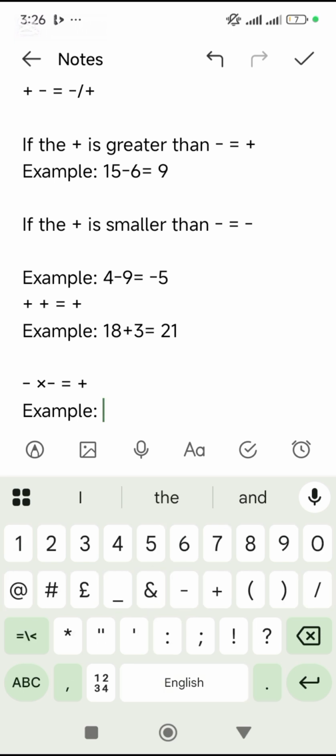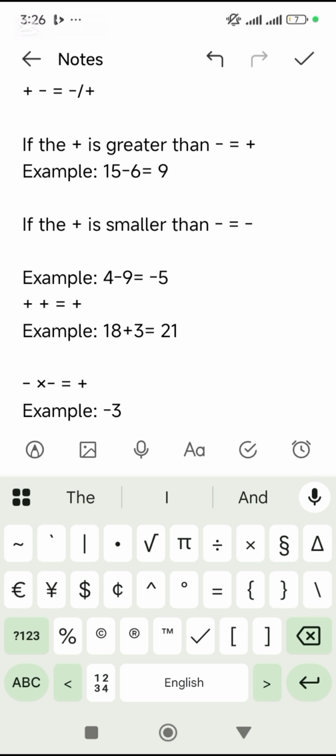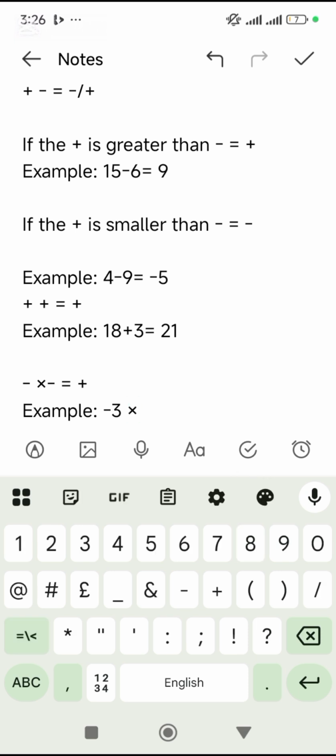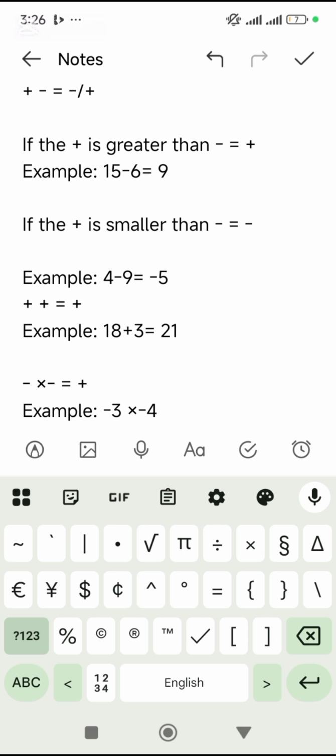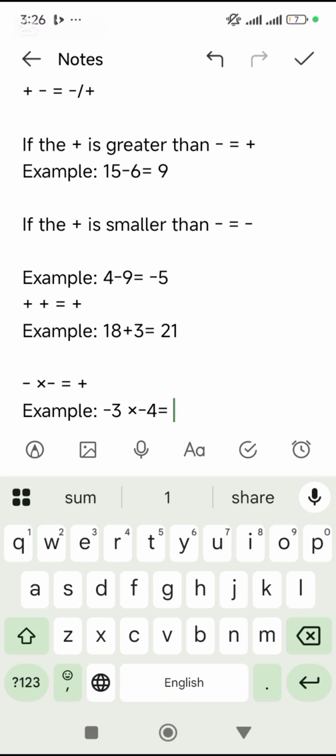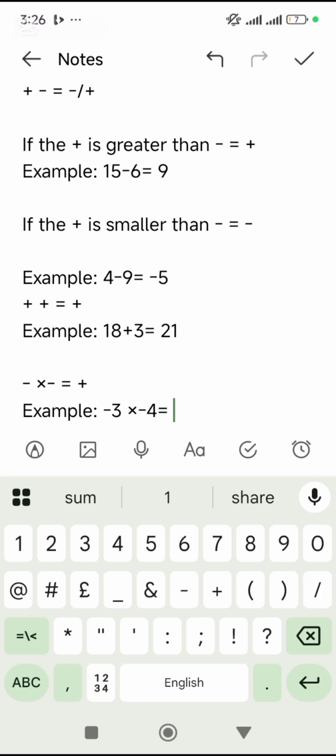Say you have minus 3 times minus 4. You know 3 times 4 is 12. Minus times minus is positive, so it will be plus 12.